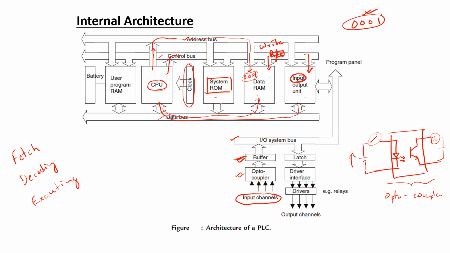Sir, can you repeat the question? I'm saying that for most of the other units, you can see there is a bidirectional arrowhead from the unit to the data bus. But for the system ROM, there is only an outwards arrowhead towards the data bus. Why is that? Sir, it cannot be overwritten.